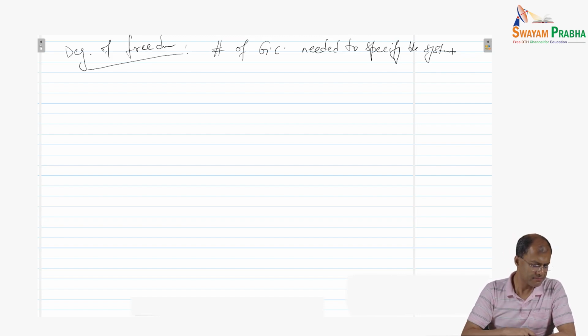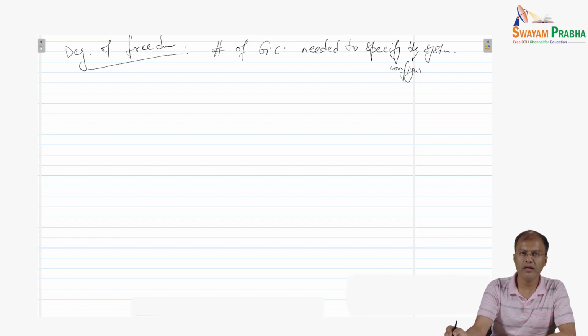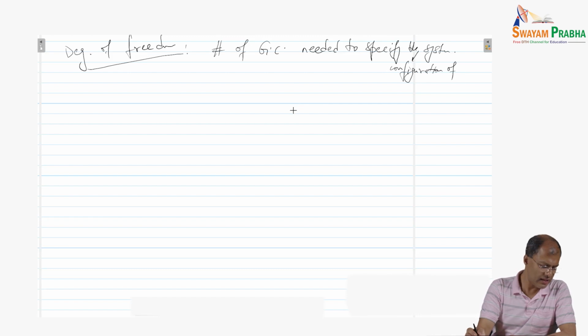The number of generalized coordinates needed to specify the configuration of the system, right? We need to write the entire sentence, configuration of the system, and that is what is called the degrees of freedom, DOF, right?